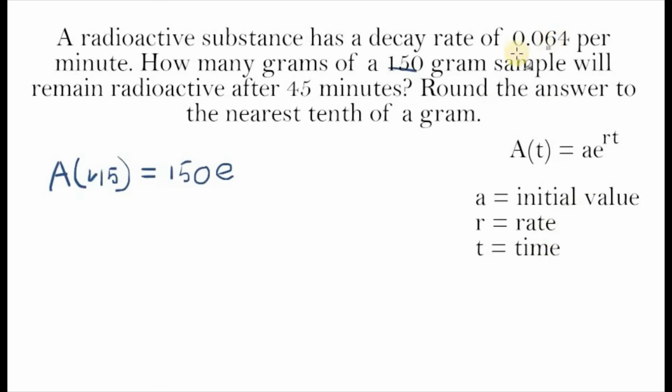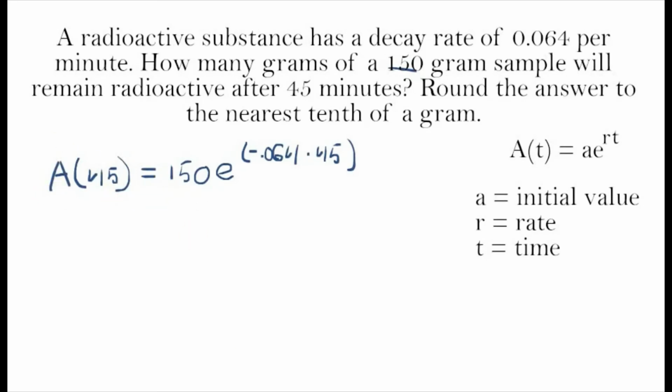The rate is a decay rate of 0.064. If it says decay rate, that means it's going to be negative. The negative 0.064. And the t is going to be 45. And you don't have to solve anything on the left-hand side. That is what we're solving for.